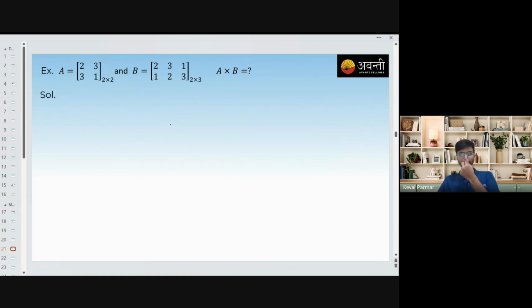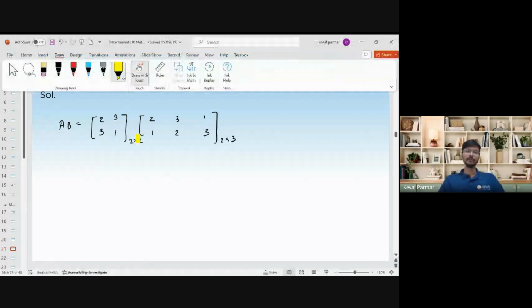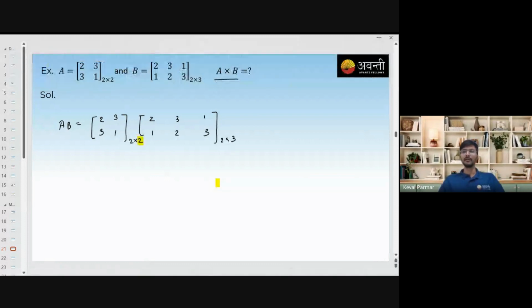First of all, if I want to find A into B, then one thing is the most important: I will be able to multiply these two matrices only if the number of columns of the first matrix matches the number of rows of the second matrix.